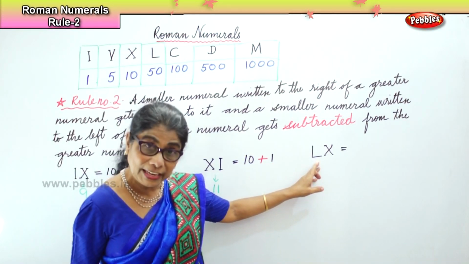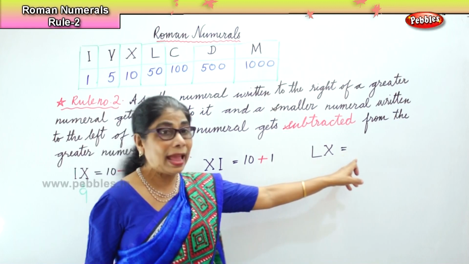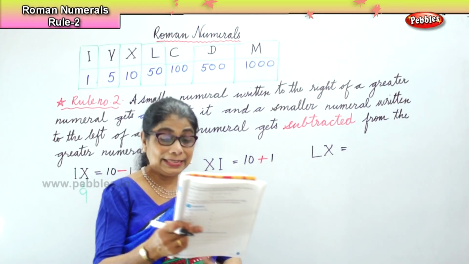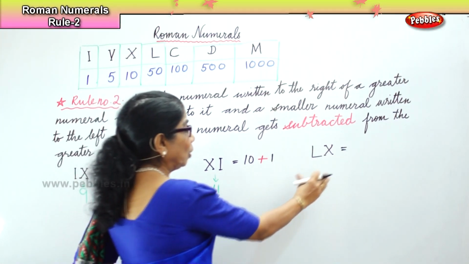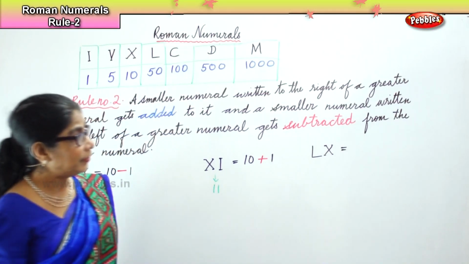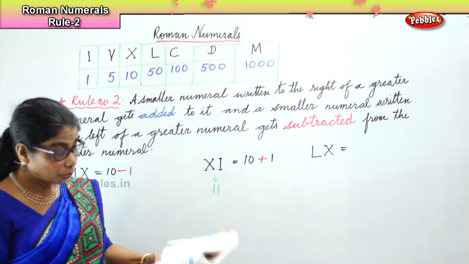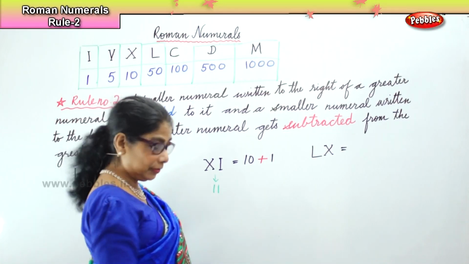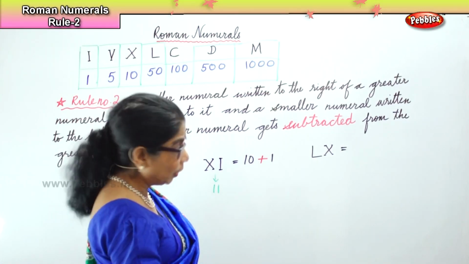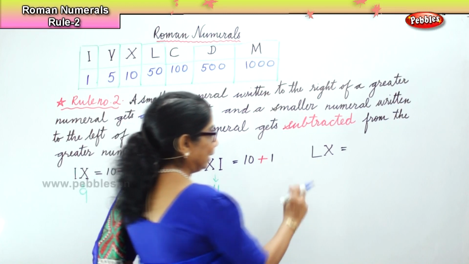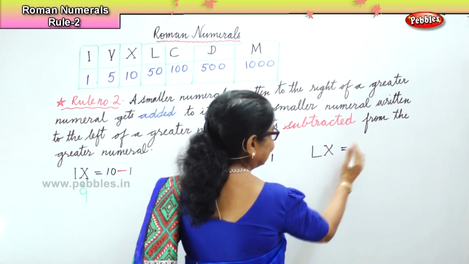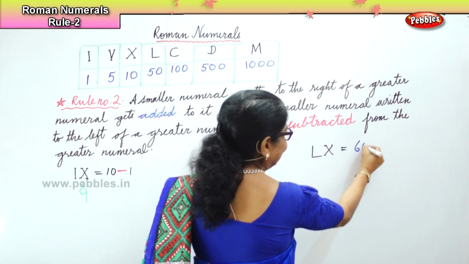So, this 50 gets added to 10 and you call this 60. Okay? So, 50 and 10, that's called 60. In Roman numeral, that is 60.